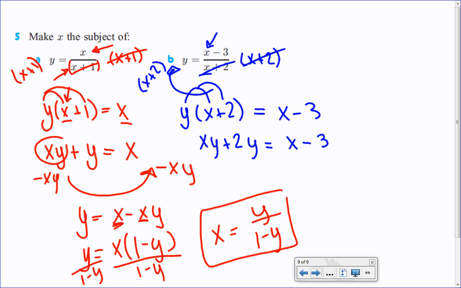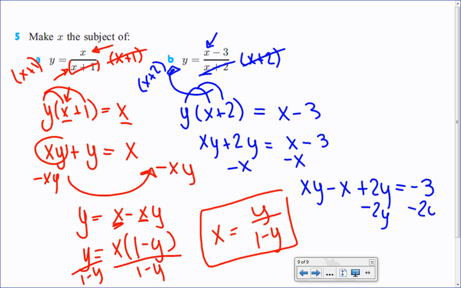equals x minus 3. Anything that has an x, we can put on one side, whether the left or the right. I'm going to move them to the left. Okay, and anything without an x is going to go on the other side. So minus the 2y over there.